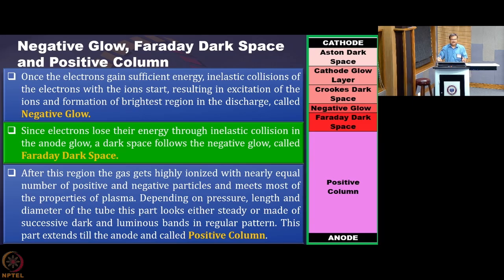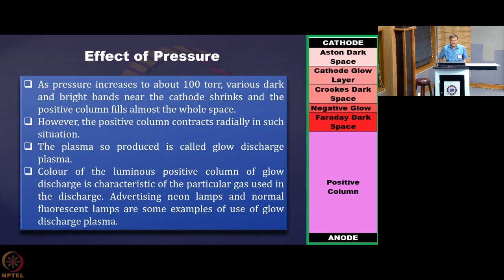Now in a discharge tube, if you increase the pressure of the gas, then this positive column gradually increases, and the dark and bright bands get squeezed towards the cathode zone. At sufficient pressure, say about 100 torr, all the dark and bright bands near the cathode sink, and the positive column almost fills the whole space.